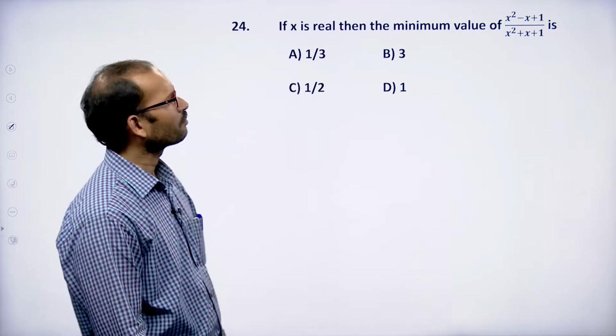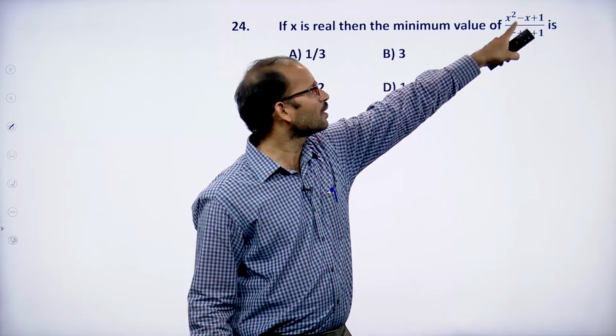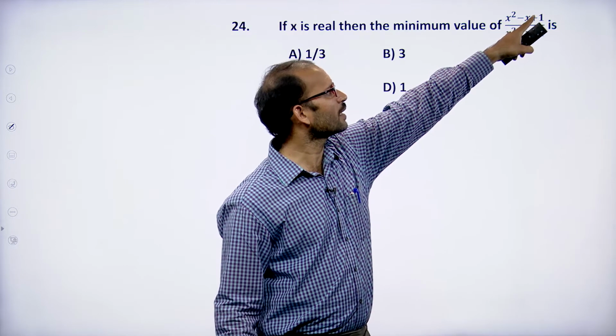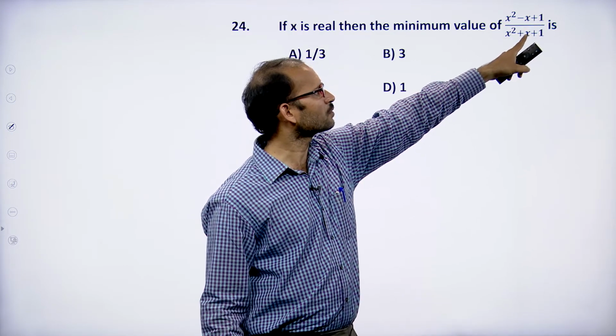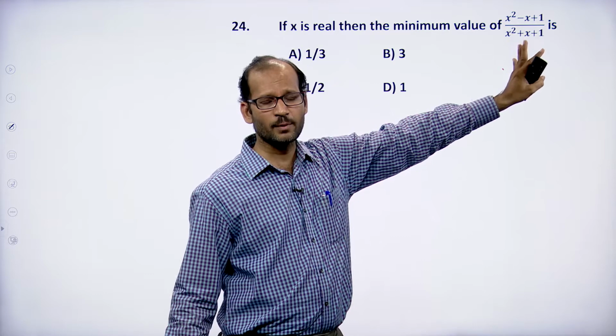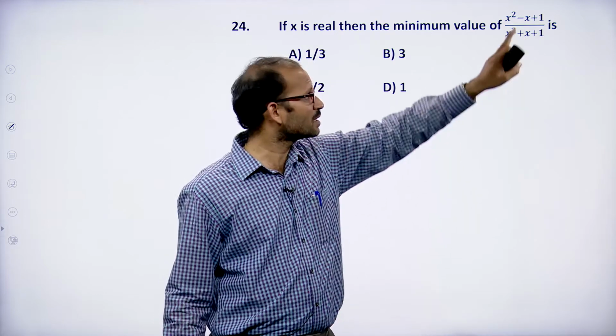Minimum value, again the same, but here we can apply the shortcut, because the coefficient of x² is 1 in both, and the coefficient of x is only a sign difference, numerically the same, and b² − 4ac is less than 0.